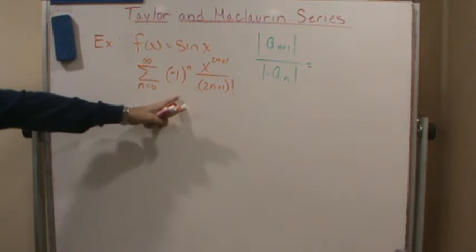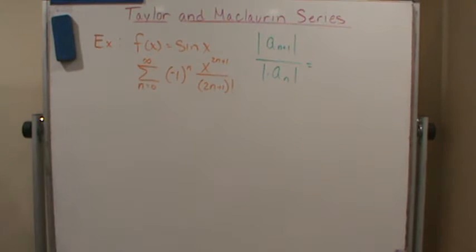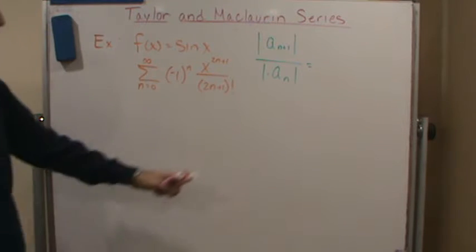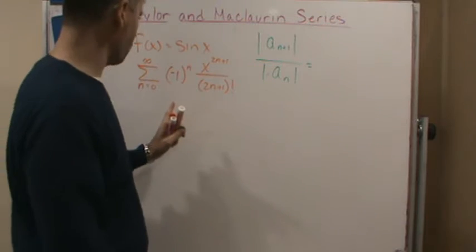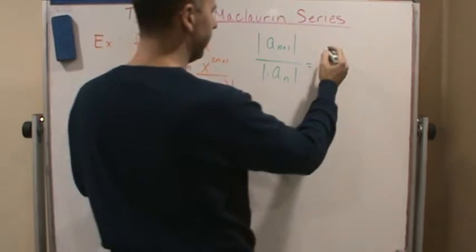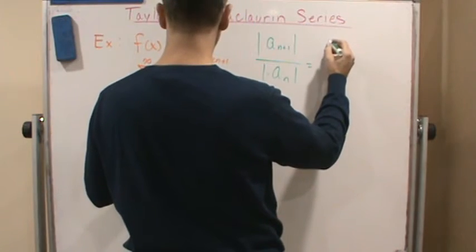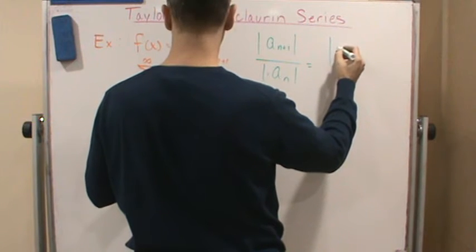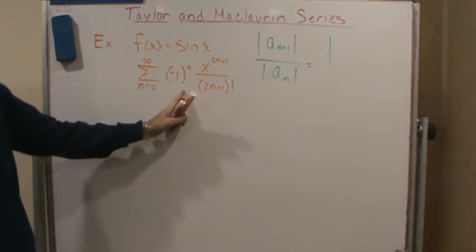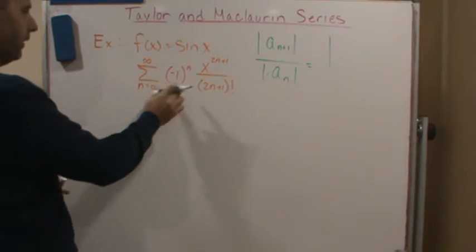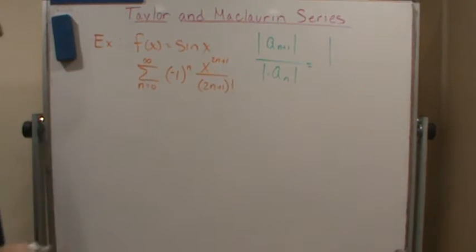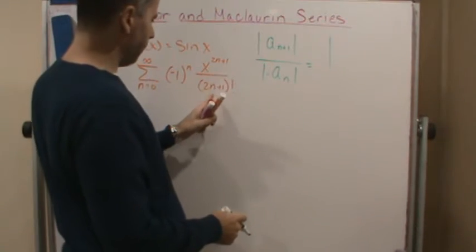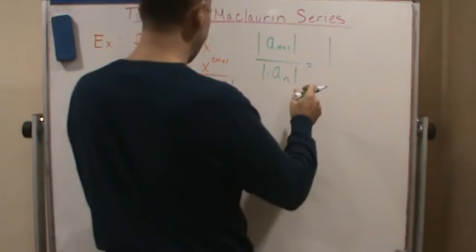And so if we look at this ratio, well, what do we end up with? We're going to multiply by the reciprocal. Okay, so let's just write it out. And we get the absolute value of, well, since we're dealing with absolute values, we could just drop the -1 because it's going to be positive.